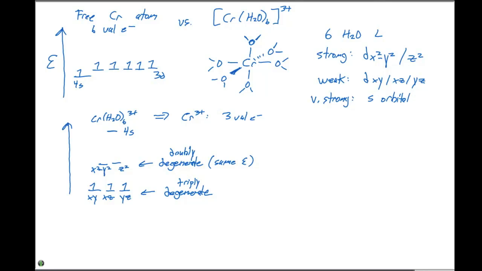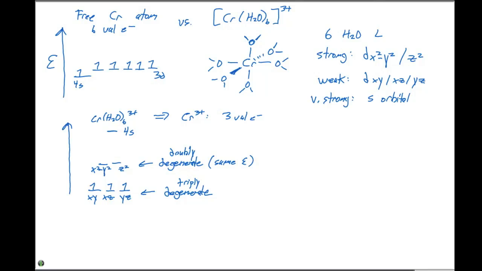And we put these 3 electrons in the triply degenerate set of orbitals that's formed when we have our octahedral complex. So this is kind of what happens here in this particular case.